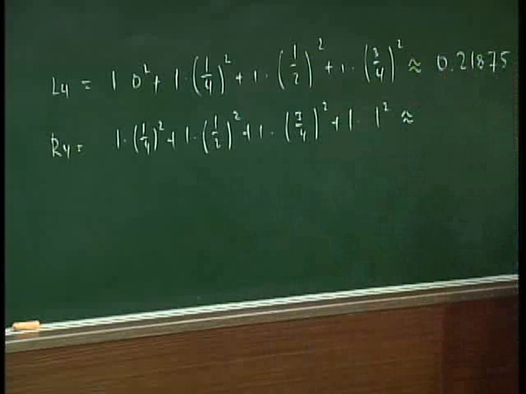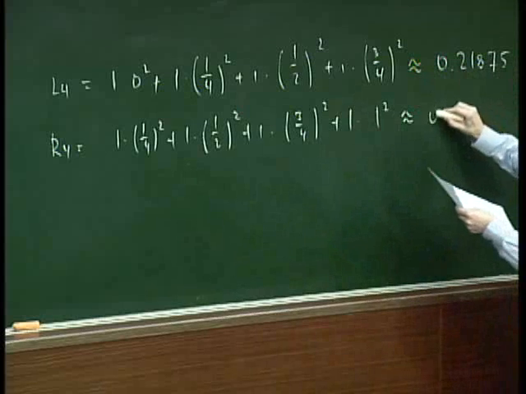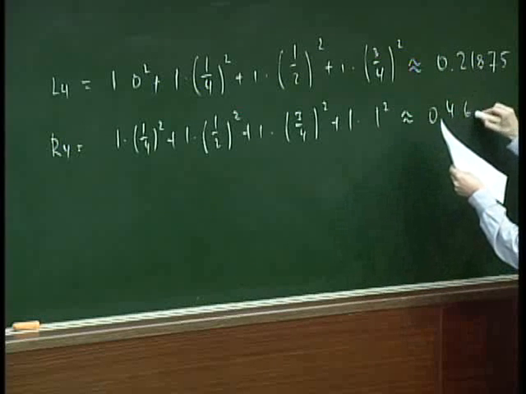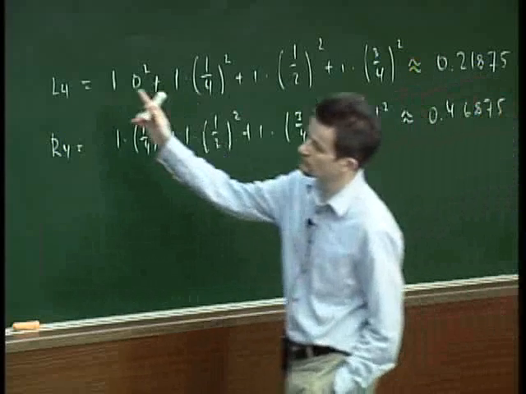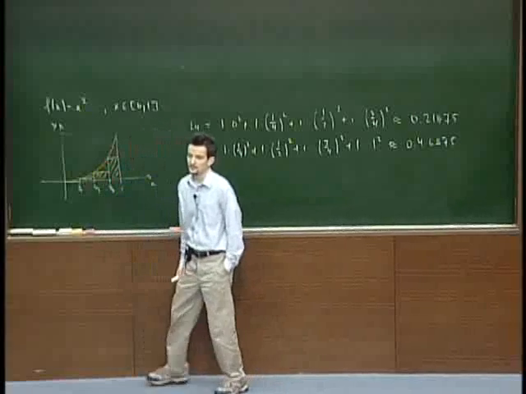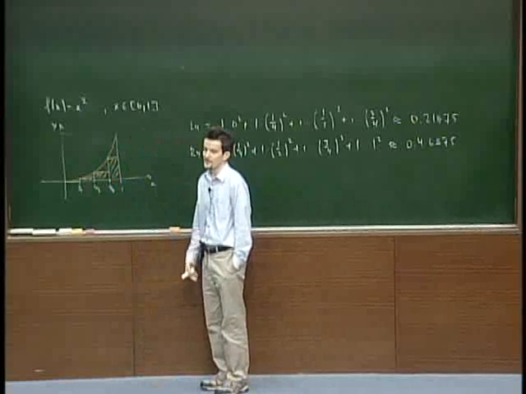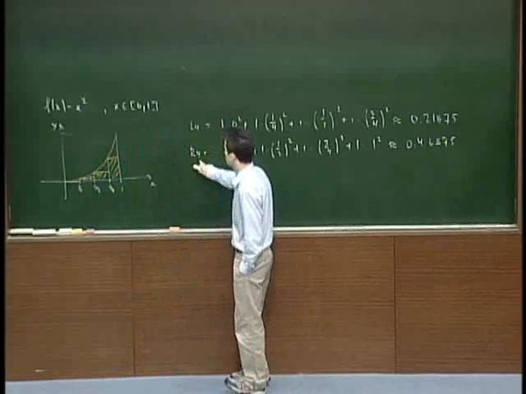If you compute this, you get 0.46875, and you see that for this special function L4 will be a lower bound of the area we want to define, and R4 will be an upper bound.